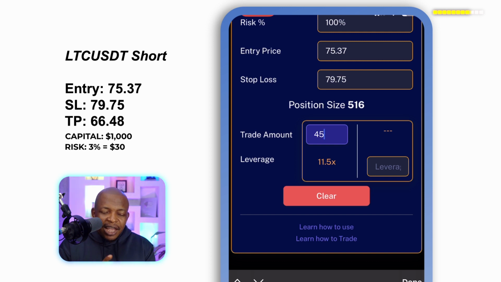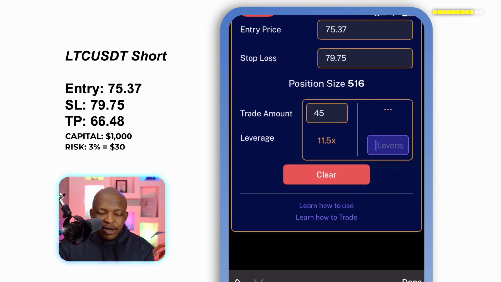The reason why I said I like Bybit is it gives me the ability to enter fractional leverage. This is 11.5x as fractional, but some exchanges don't let you do that, like Binance. So if I was trading on Binance with this, I'll go to this other section and enter my leverage. Now I can just enter 11, and this gives me 47.